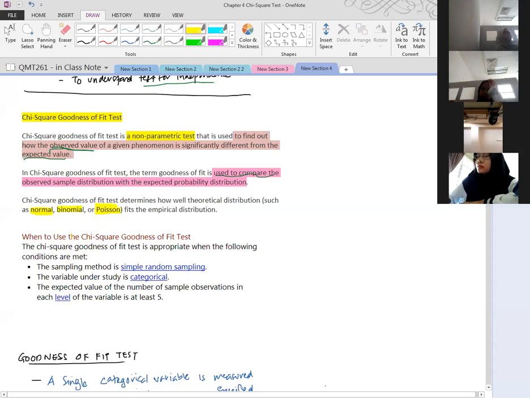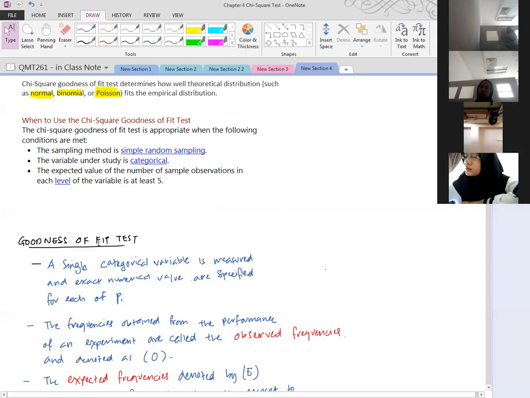So when to use a chi-square goodness of fit? It is appropriate when the following conditions are met. First, the sampling method is random sampling. It's not necessarily simple random, but it should be any random sampling.